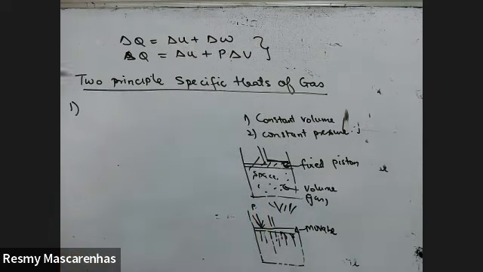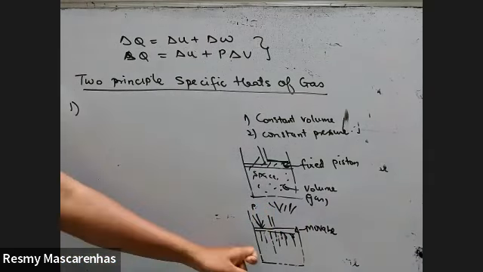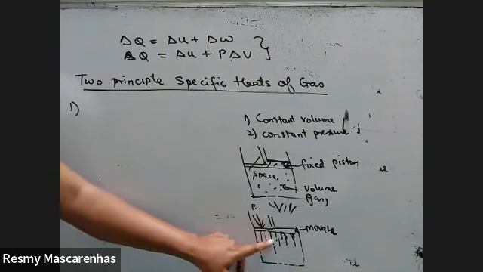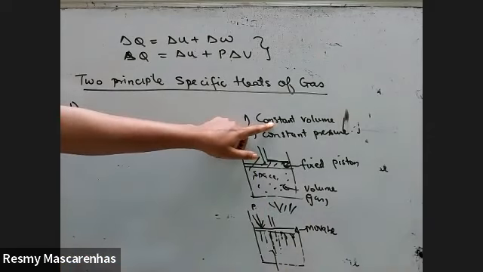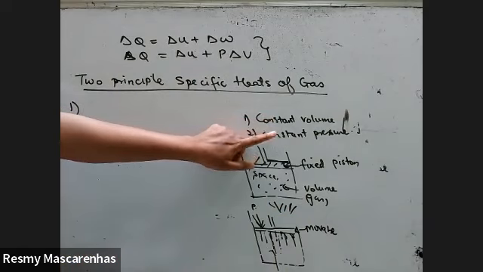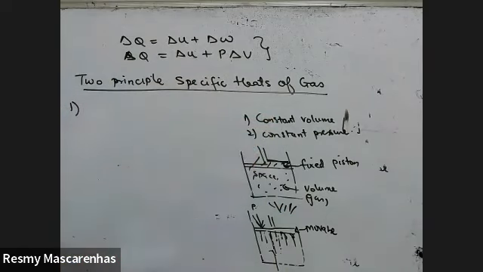So the pressure is constant and the volume might increase or decrease. Under this also they check how much heat we need to increase the temperature. So two cases: one, they keep the volume constant and check the temperature; the other, they keep the pressure constant and check.